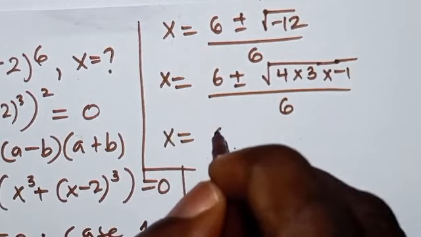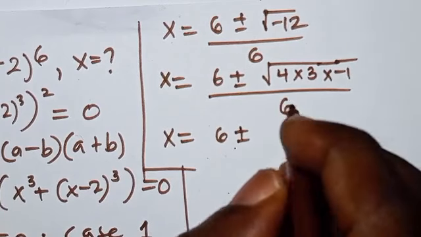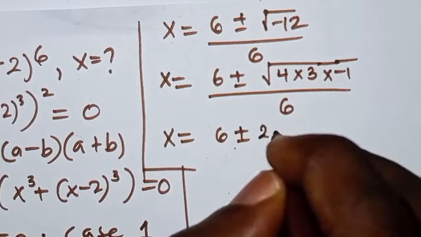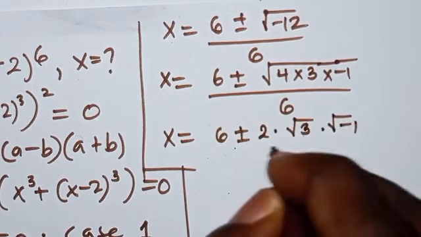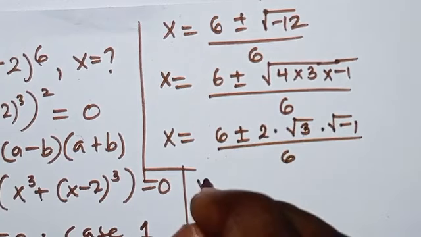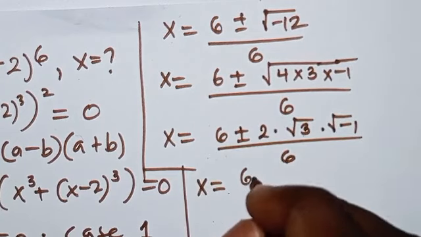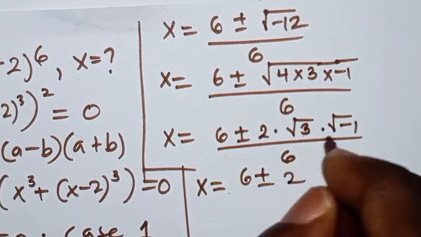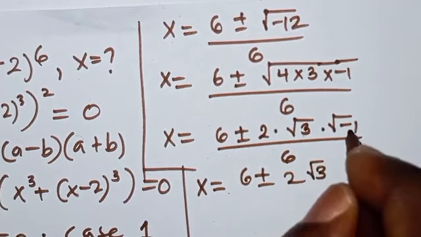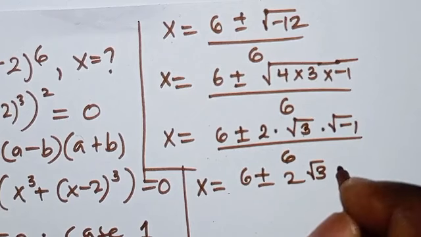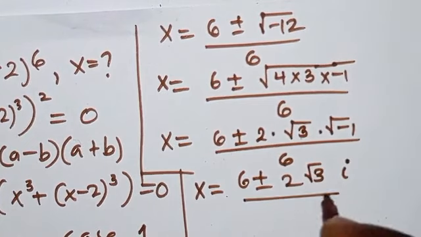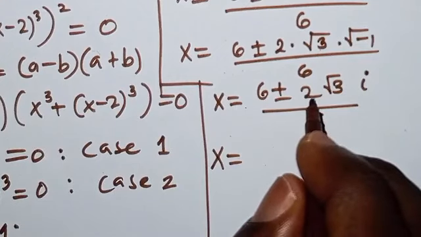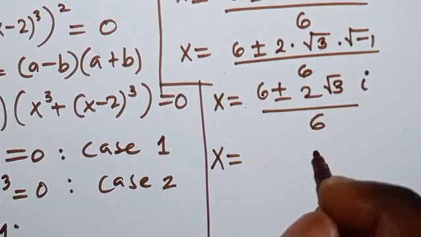So the square root of 4 is 2, multiplied by the square root of 3, multiplied by the square root of minus 1, all over 6. So x is 6 plus or minus 2 root 3 times i, because the root of minus 1 is i, divided by 6. We have x equals 6 plus or minus 2 root 3 i over 6.